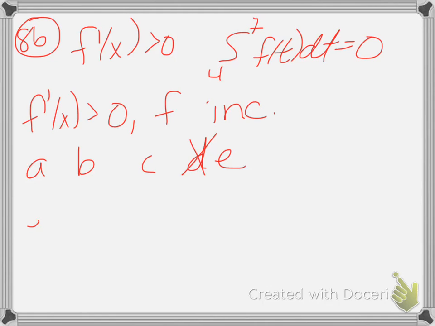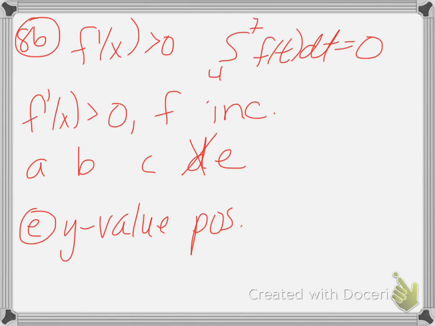So for example, let's look at choice E. If you look at choice E, all of the y values are positive. That means the region is always going to be located above the x-axis. If it's always located above the x-axis, then how are you ever going to get a piece below the x-axis to cancel it out? You can't, so E can't be the answer.